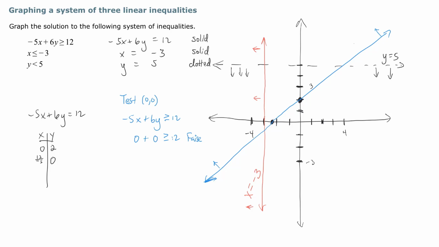Now, what are we looking for? We're looking for where all the arrows actually find something in common. Which region has all the arrows in common? I think I see it. So there's some black here. There's some red here.